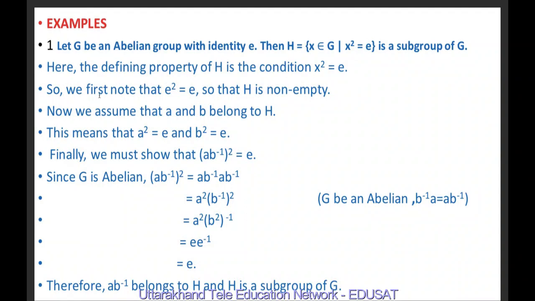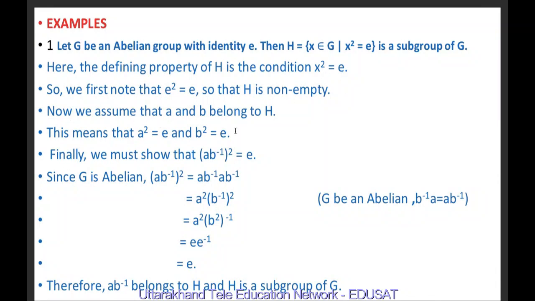First we note that E square is always equal to E, because E is the identity element of the group G. So E square is E, and E belongs to H because it satisfies this condition. So H is non-empty.